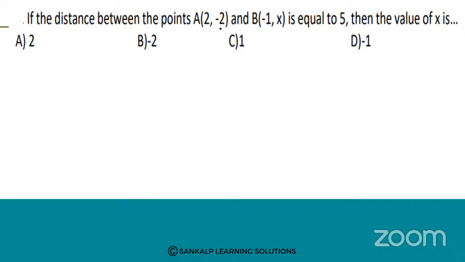Okay, here 2 points are given, A and B, then we have to find out the value of x. Okay, how to find out the value of x? This may come in a 1 mark question or 2 mark question. Remember.